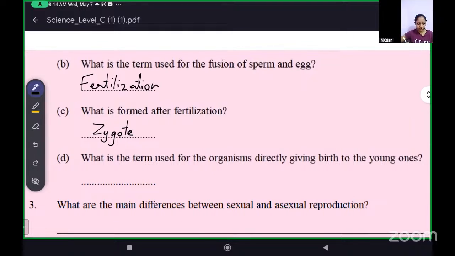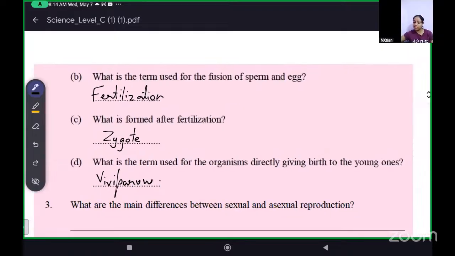Yes, Abraham. Viviparous. It's there on the question. There are two types of animals: oviparous animals, which lay eggs, and viviparous animals, which give birth to new organisms.